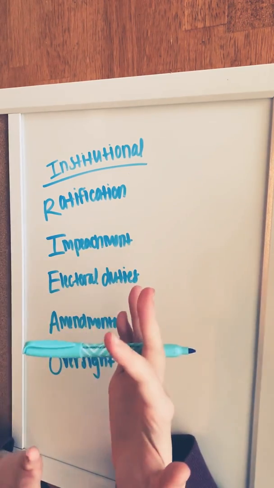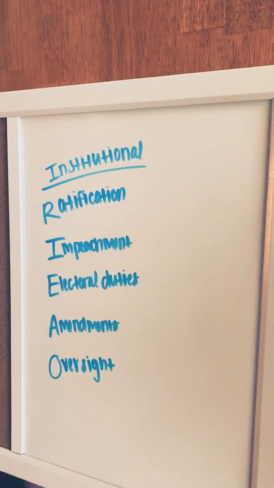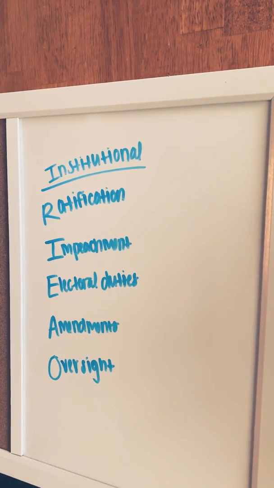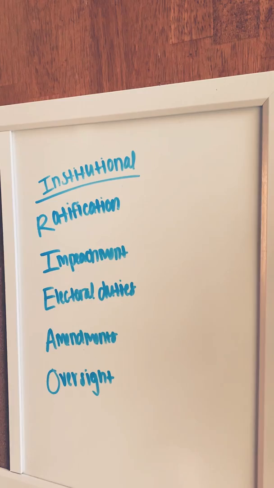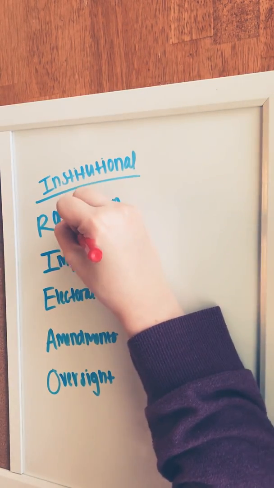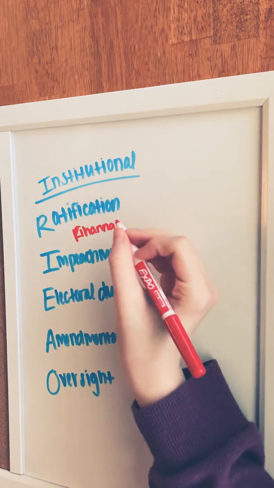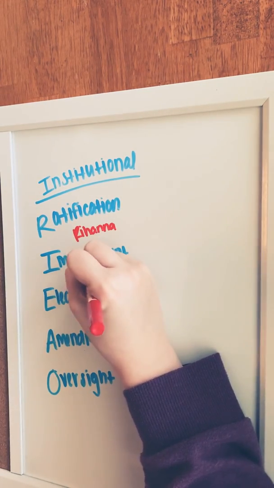So, you're probably asking yourself, Abby, how do you remember all of these little word things? And I'll show you. So, I came up with my own little acronym of sorts. R stands for Rihanna. I stands for invites.